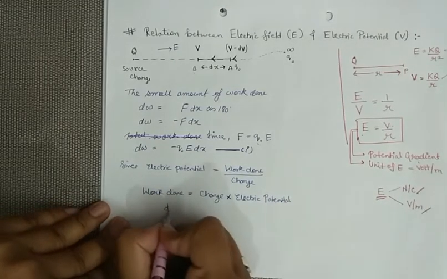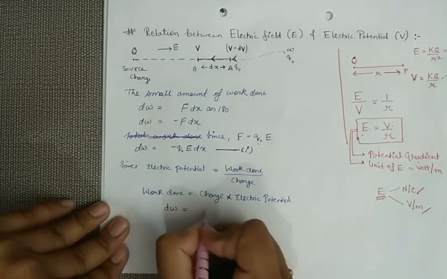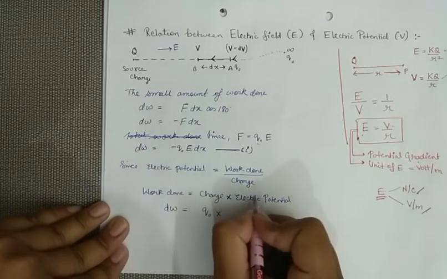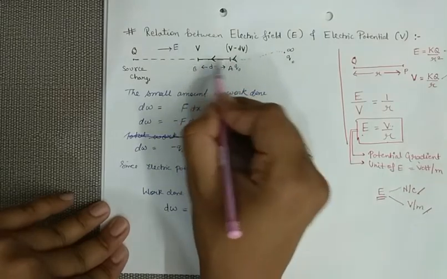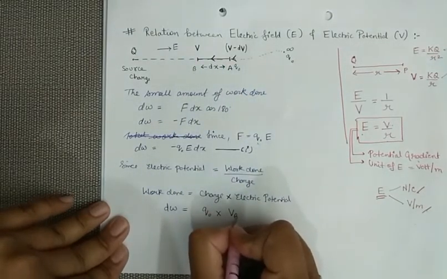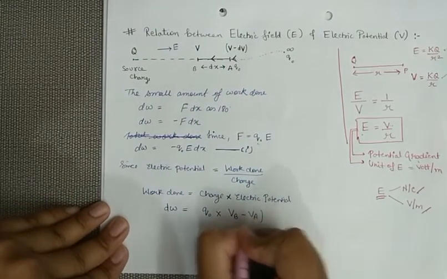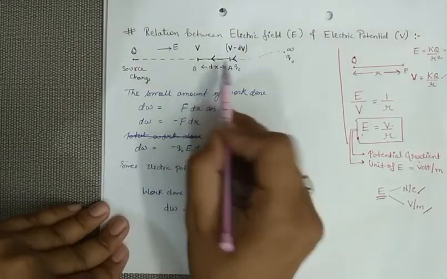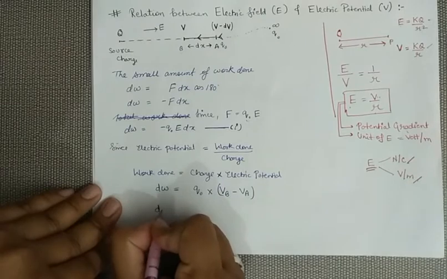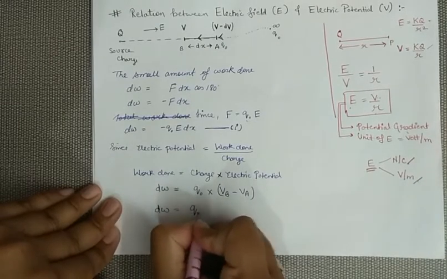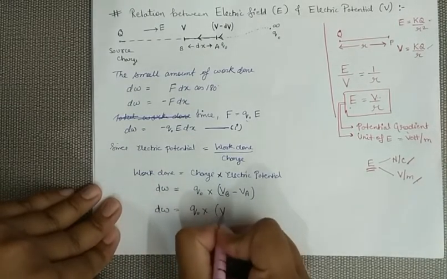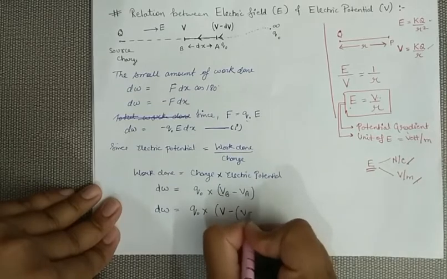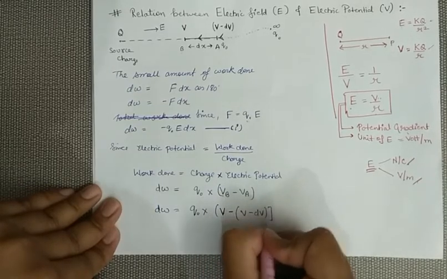So small work done dW, the charge we are moving is q naught, and the potential difference between A and B is potential of B minus potential of A. This is the potential difference between the two points between which we are moving our charge. So dW equals q naught times, potential of B is V and potential of A is V minus dV.